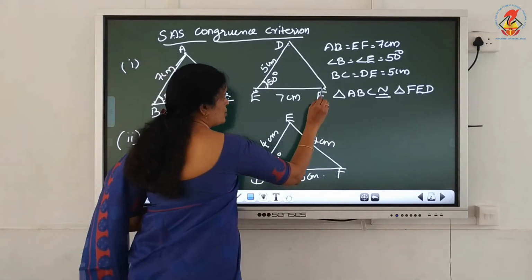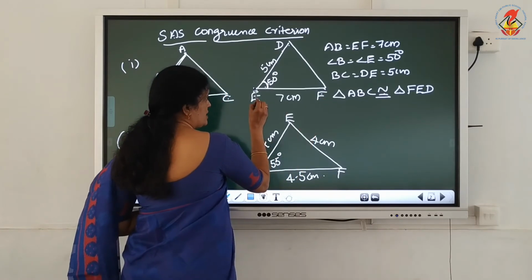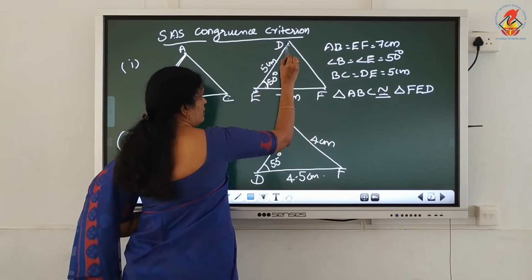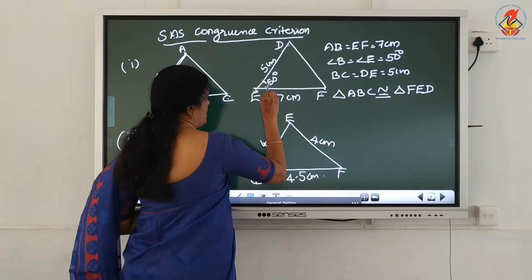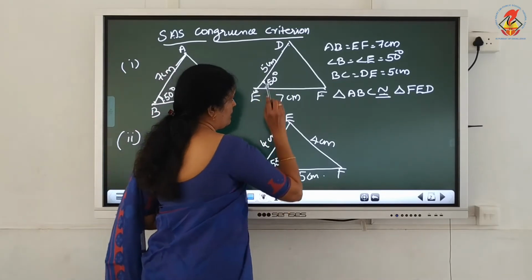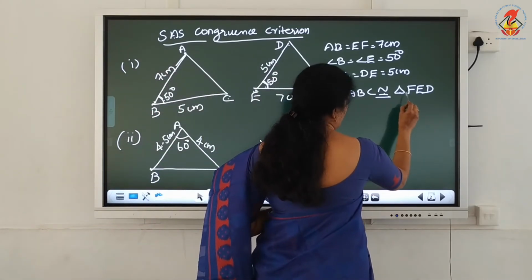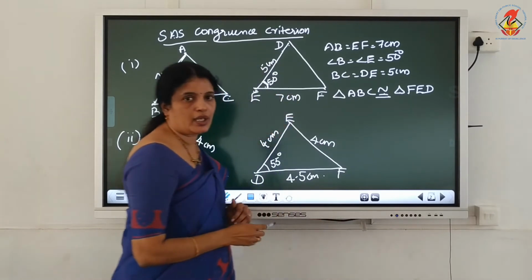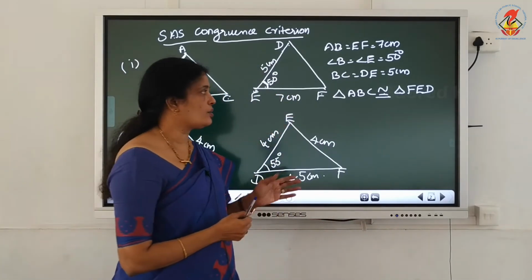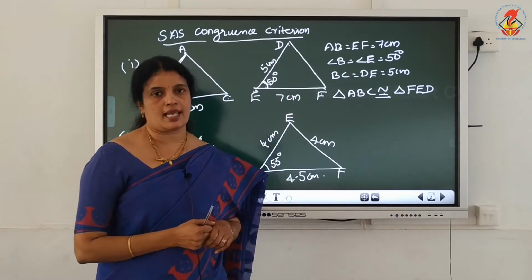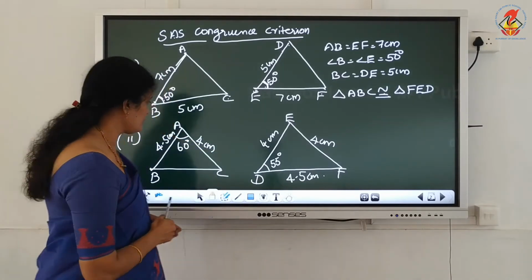The same thing, you should start from F, FE 7 centimeter, again 5 centimeter, in between 50 degree. That means you write triangle FED. Triangle ABC congruent to triangle FED by SAS congruence criteria.